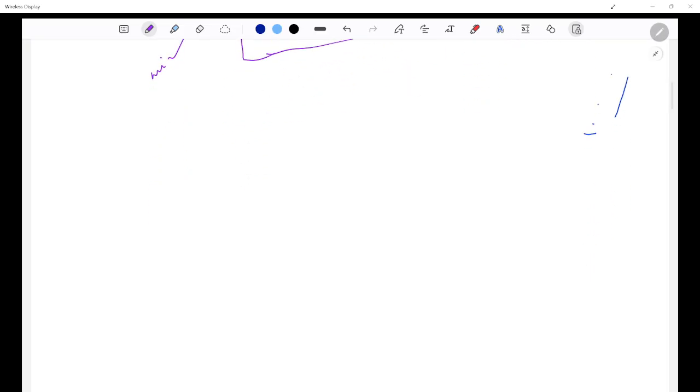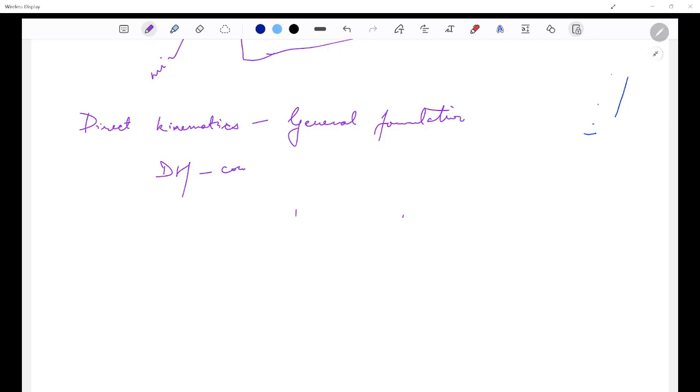For direct kinematics, the general formulation: if you use the DH convention, I want to reach the nth joint with respect to the first joint.